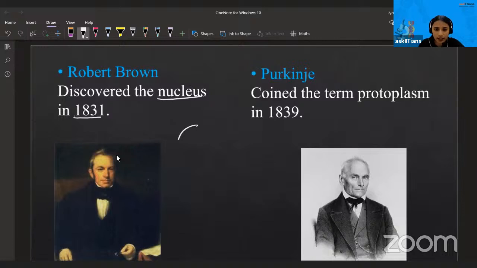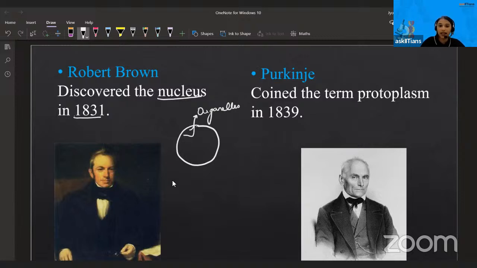When you study the cell, you will observe that inside the cell various compartments are present which are specific to their function. These compartments are known as organelles. The nucleus is one of them. So who discovered the nucleus? Robert Brown discovered it in 1831.